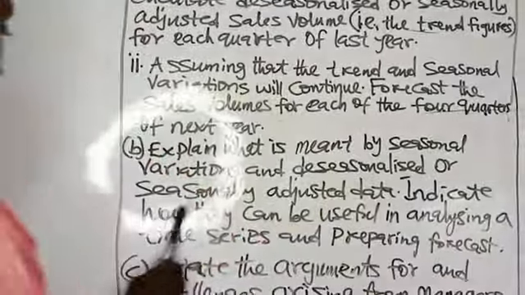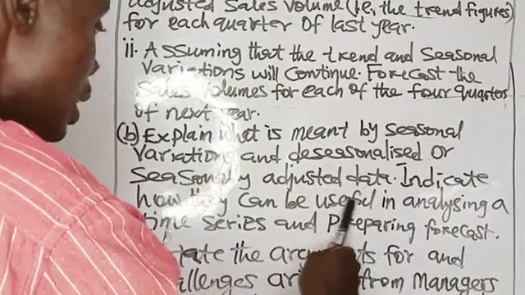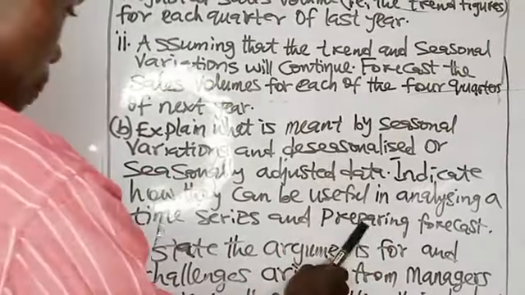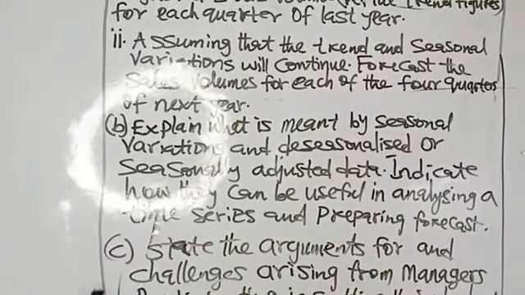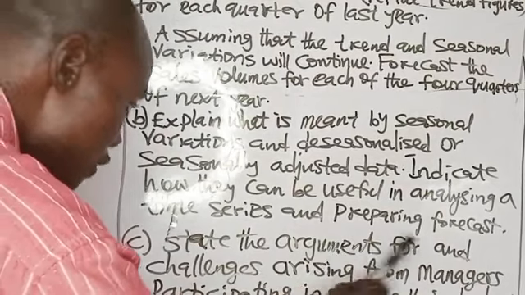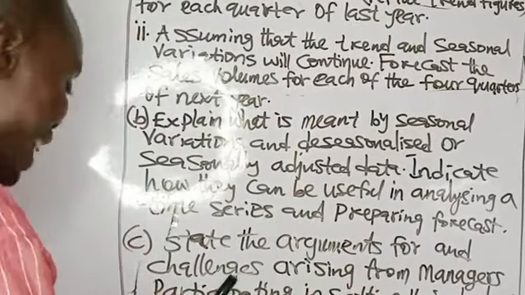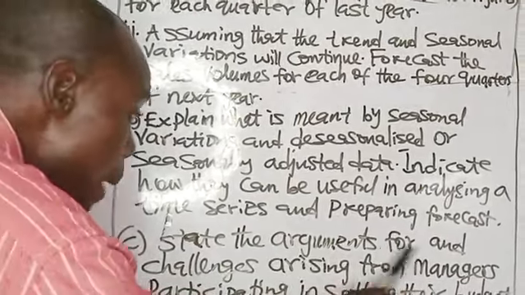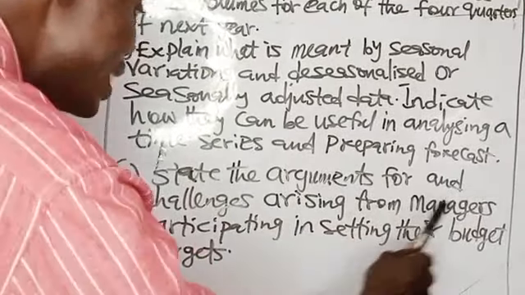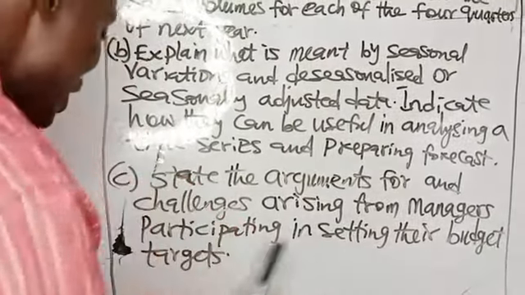Indicate how they can be useful in analyzing a time series and preparing forecasts. C. State the arguments for and challenges arising from managers participating in setting their budget targets.